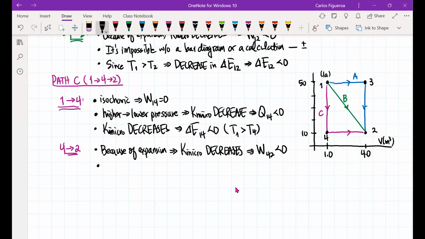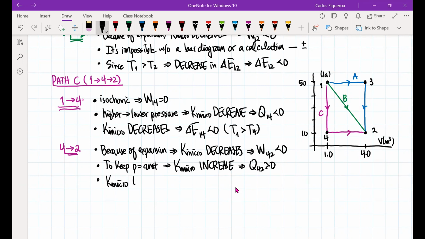But then if I look at the heating here, to keep P equal to a constant, that means K micro has to increase. And because it increases, the only way that I can do that is if I add heat in the system. But again, the same type of thinking here.